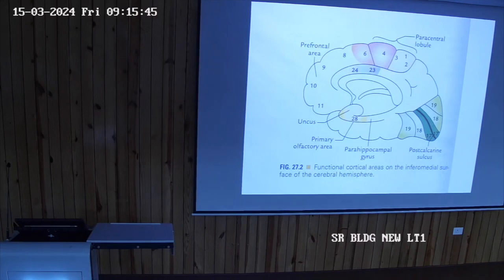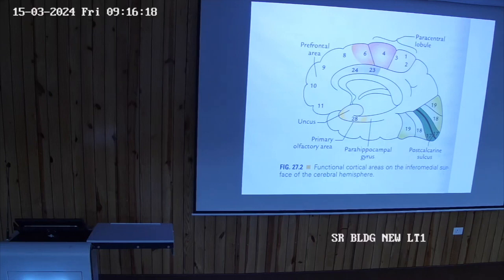So, the areas which are showing 23, 24, this is the cingulate gyrus. This cingulate gyrus and this parahippocampal gyrus, and the part uncus is also the hook-shaped part of the parahippocampal gyrus. This is completely connected with the limbic system, and it is related with the olfactive sensation of the body. The smell and olfaction, they are concerned with the limbic system.